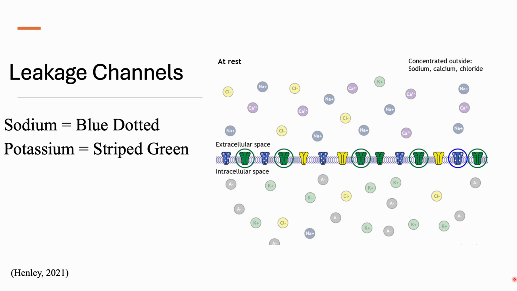These actions are maintained by the sodium-potassium pump, which helps maintain this resting potential. The sodium-potassium pump is responsible for maintaining the electrochemical gradients needed for neuron functioning.